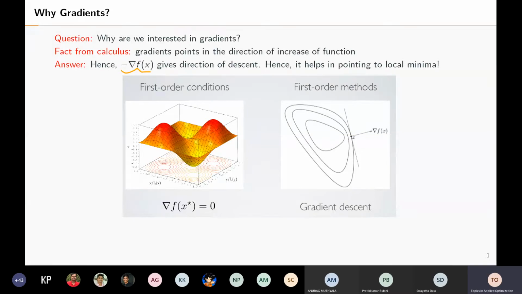So gradient of f of x gives us the direction of the ascent. If you follow negative of the gradient of f of x, then you descend. Descent means going down, ascent means going up, towards the direction where the function is supposed to increase.